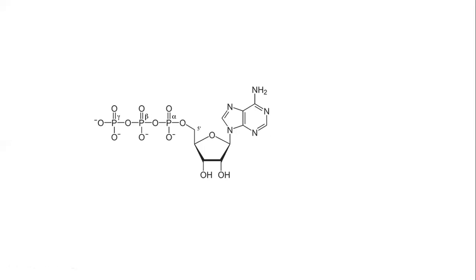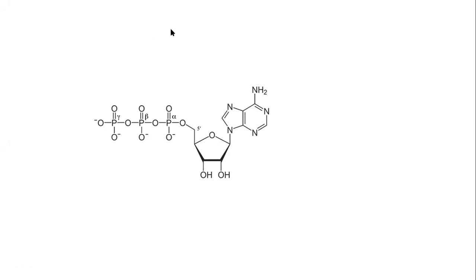Before going for probe labeling, we should know the sugar phosphate backbone. This is the general structure of a triphosphate: this is the ribose sugar, this is the adenine. Which phosphorus is going to be used? Generally the gamma one is going to be labeled.